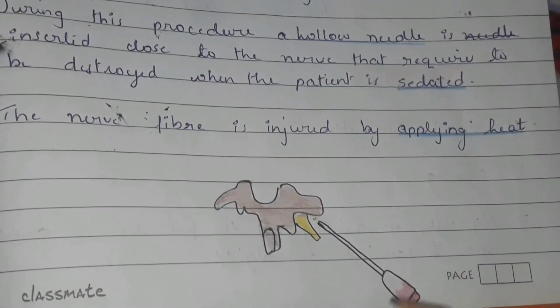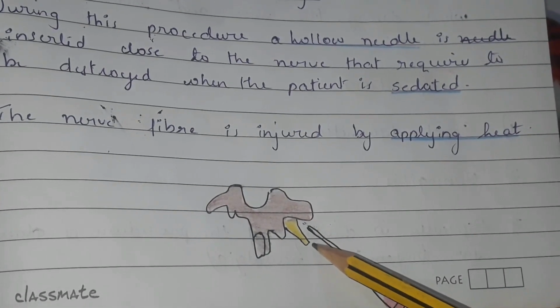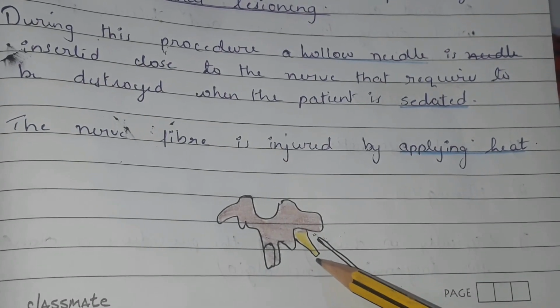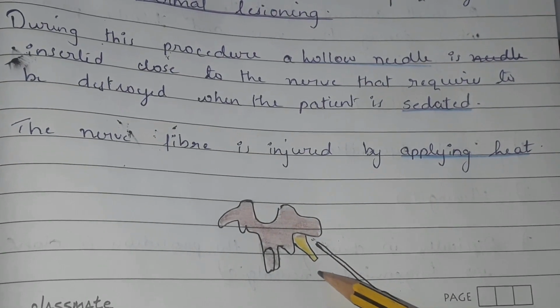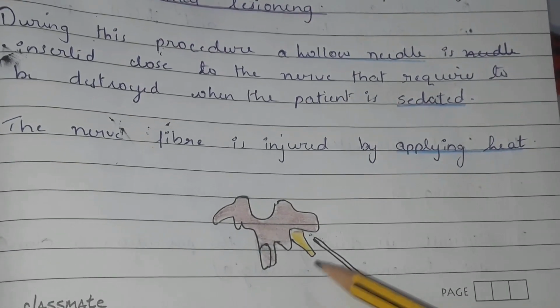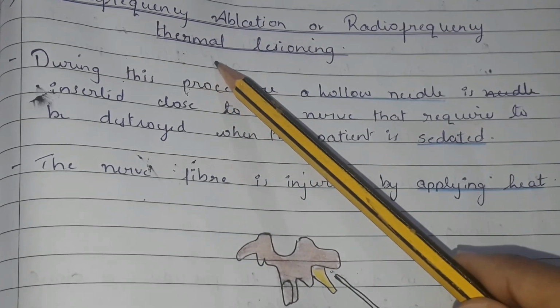That is, this hollow needle is going to be inserted close to the nerve over here, provided the patient is sedated or under anesthesia, and the nerve fiber is going to be damaged or injured by applying heat, which is thermal lesioning.